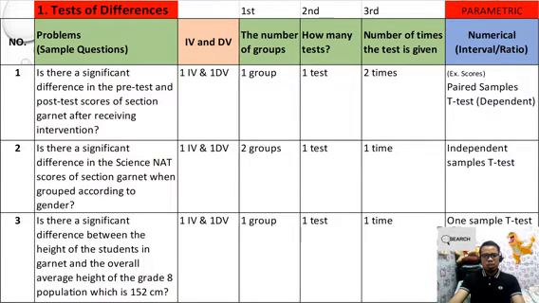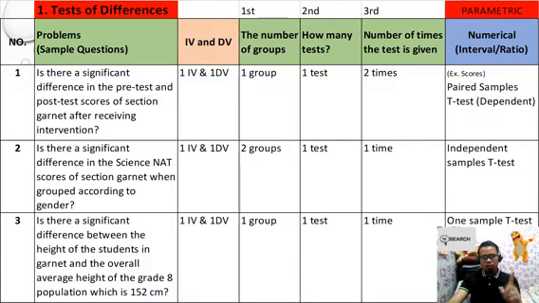Again, if there is one group and one kind of test given 2 times, the parametric test that we're going to use is the paired samples t-test. If it involves 2 groups, one kind of test given only one time, you'll be using the independent samples t-test.